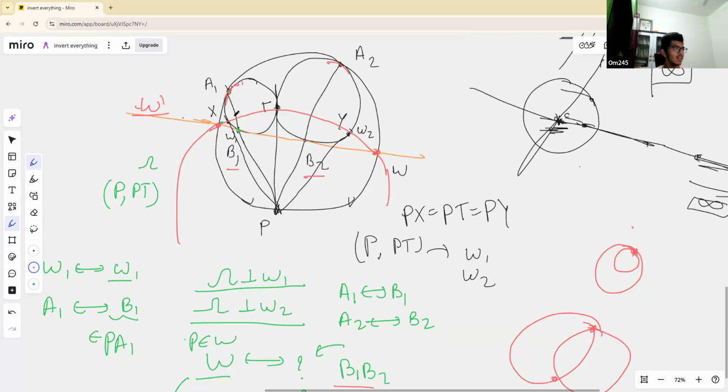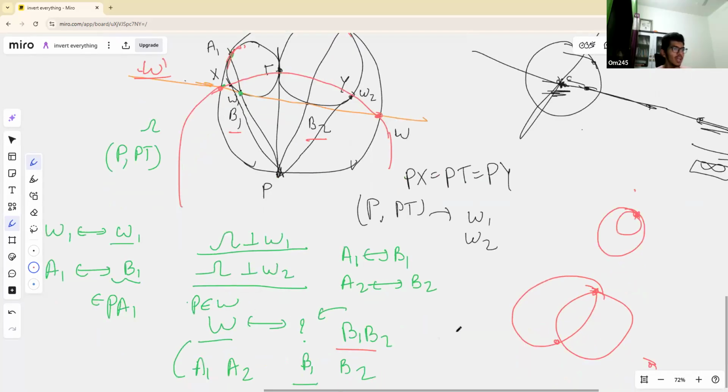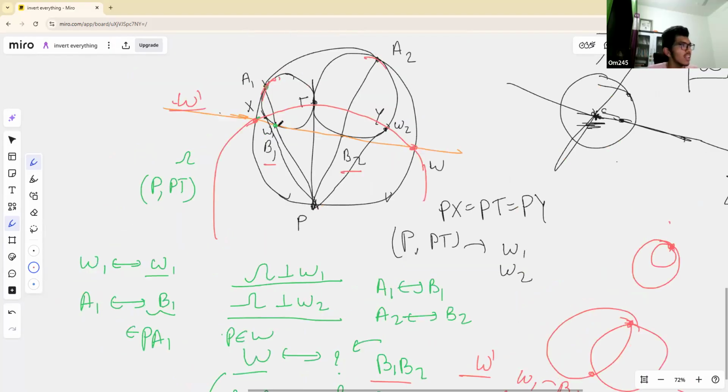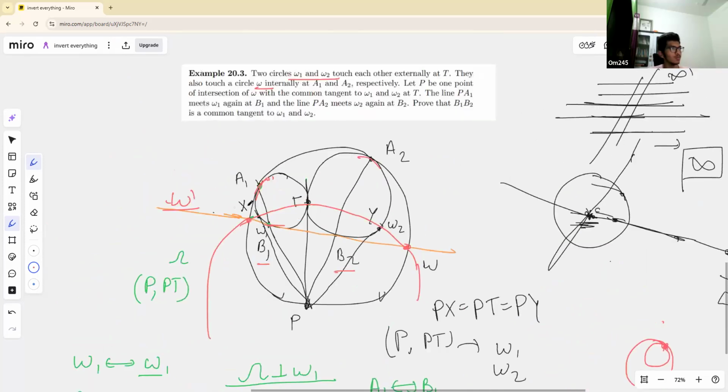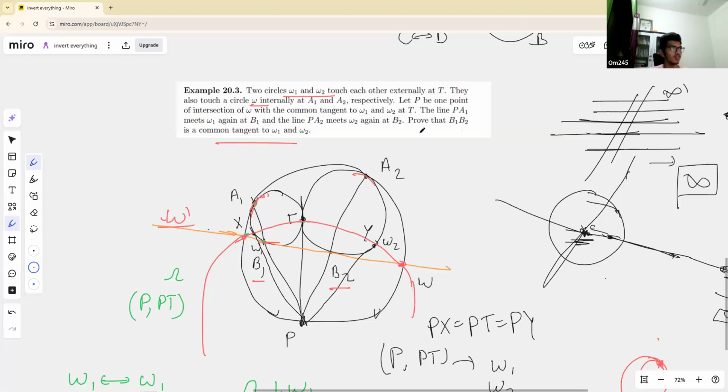So this line omega dash is tangent to omega 1 at B1, and similarly omega dash is tangent to omega 2 at B2. So B1 B2 is tangent to both circles, which proves the thing.